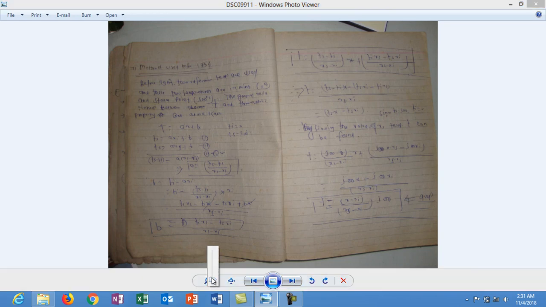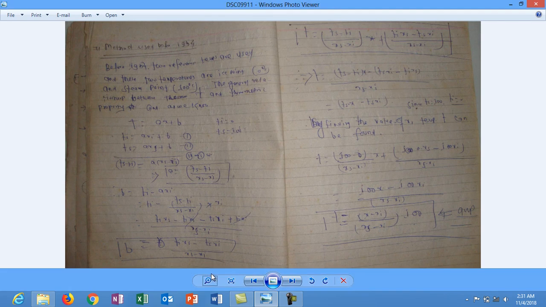Now on the next page, as we have already discussed, the concept of temperature comes from the statement of the zeroth law of thermodynamics. So this temperature measurement is very important. As we know, temperature is measured with the help of thermometers.